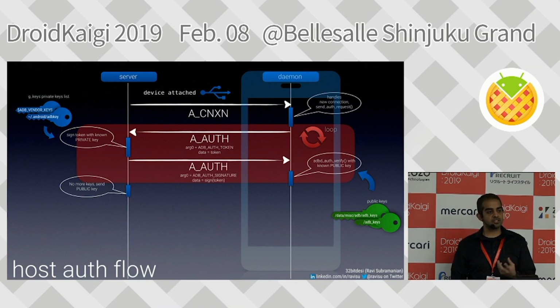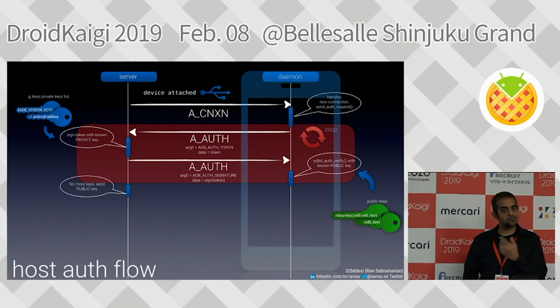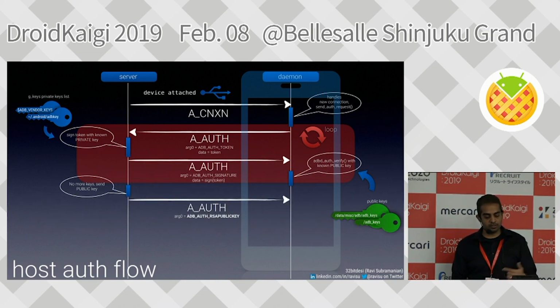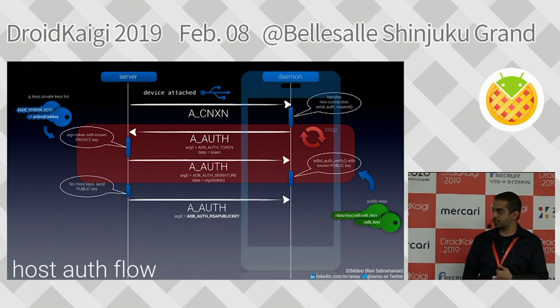So if that key just got generated on your dev box, there's no way it's going to be found on the device. So that's essentially the first time when you try to connect a device to a dev box. Well, if it runs out of private keys to sign it with, it says, I give up, here's a public key. So here's my public key, and it actually sends the public key over to the daemon.